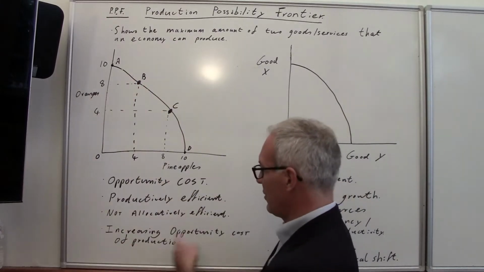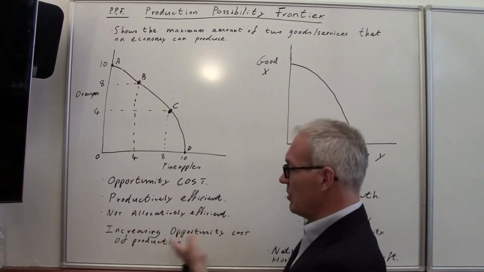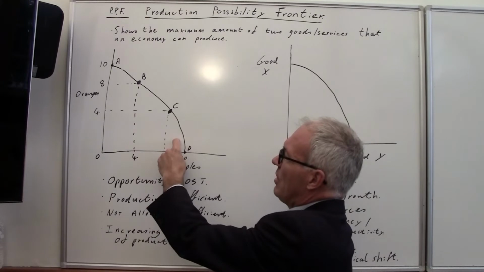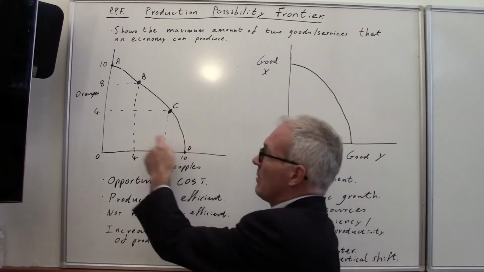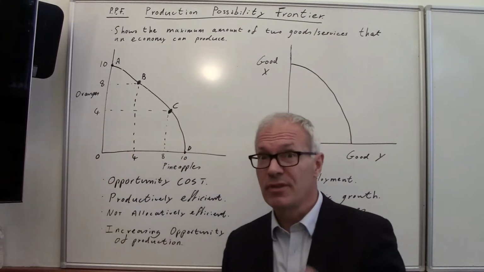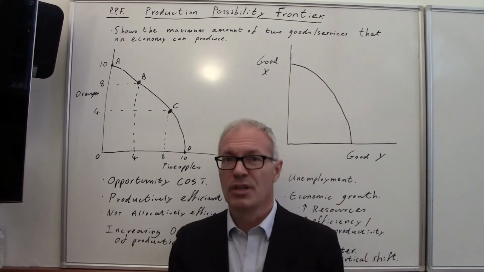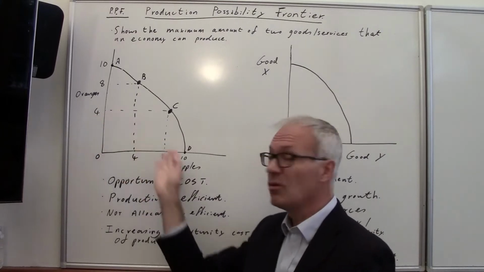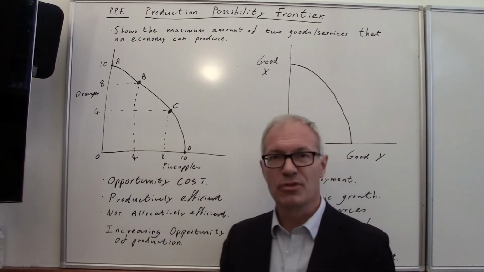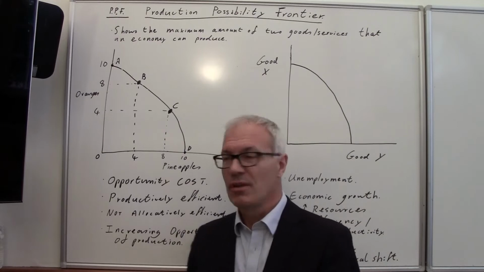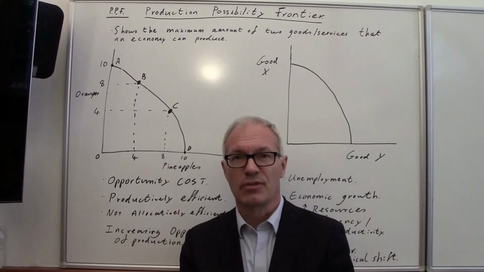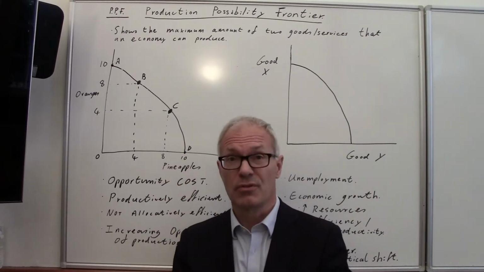And the reason for this is that you get an increased opportunity cost of production as you maximise your output of pineapples and oranges. And the reason for this is that some resources, indeed some people, aren't equally good at producing oranges or pineapples. Some people are rather suited to producing oranges. And so they're forced to produce pineapples. The efficiency of the output is not as great.